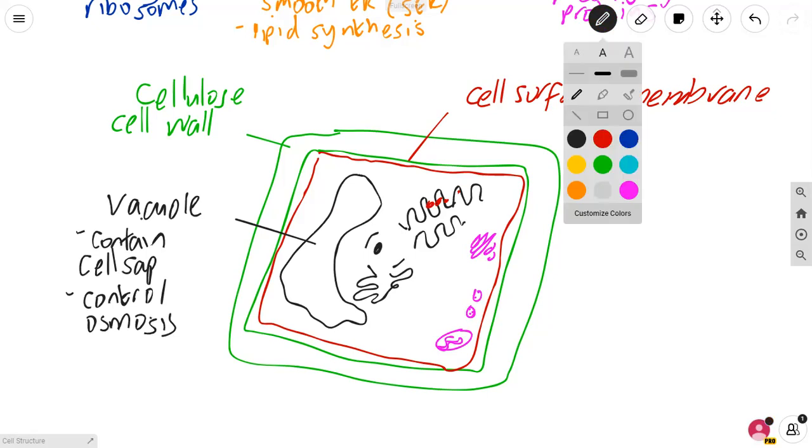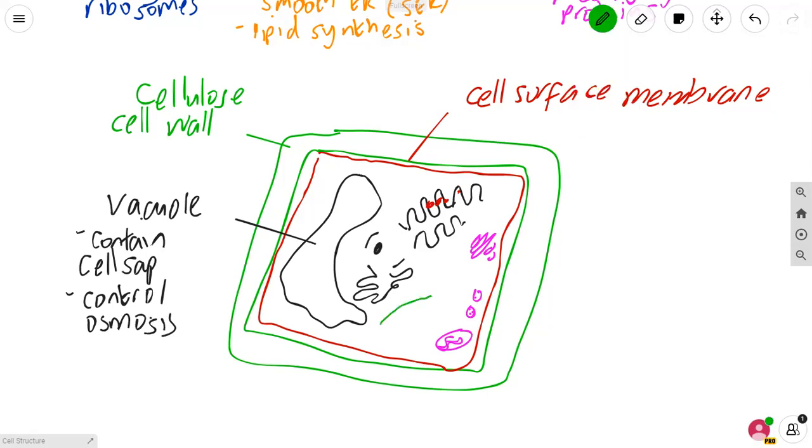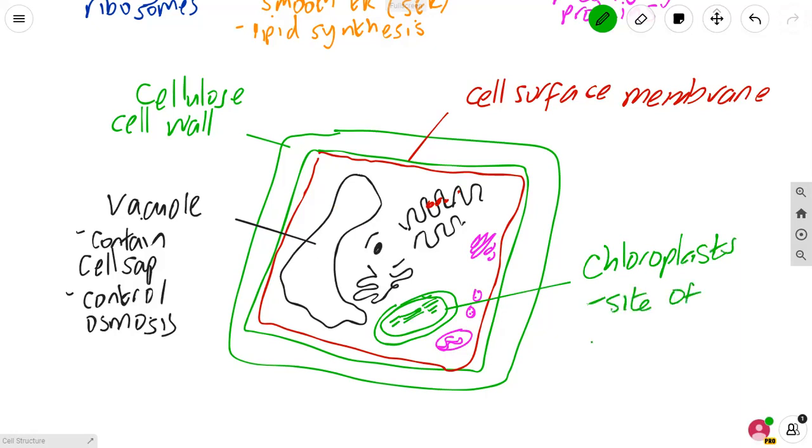And then the really important organelles, which we really can't forget, are much bigger than mitochondria. In their double membrane, I'm only going to draw one, which is our chloroplasts. And our chloroplasts are obviously our site of photosynthesis. They're really large organelles, much bigger than mitochondria.